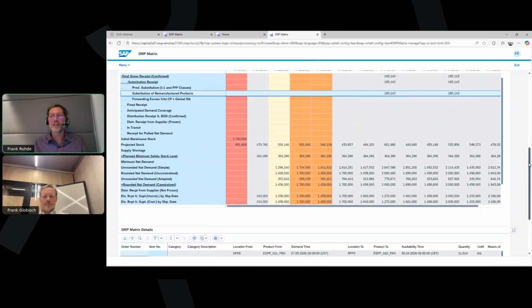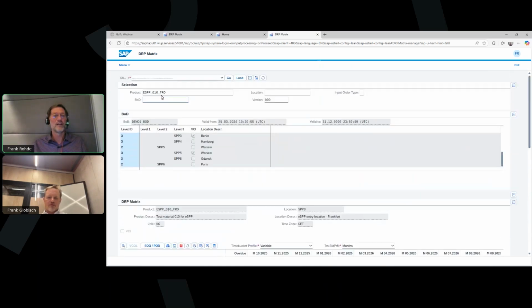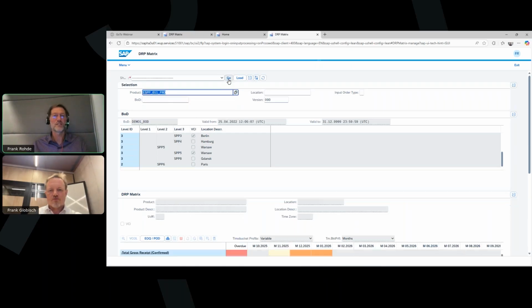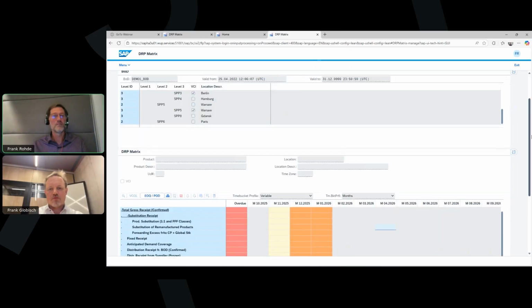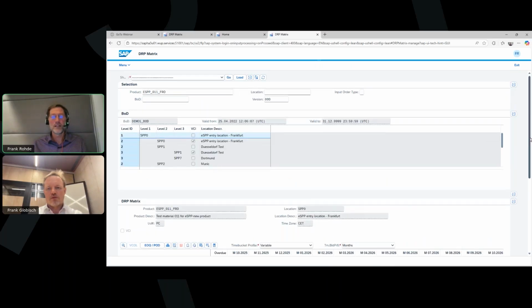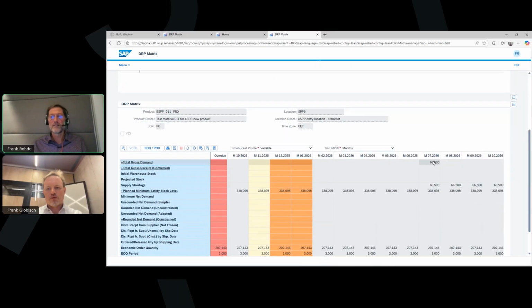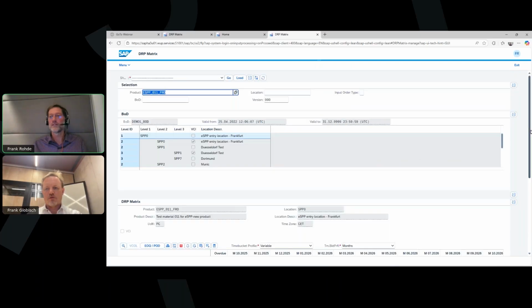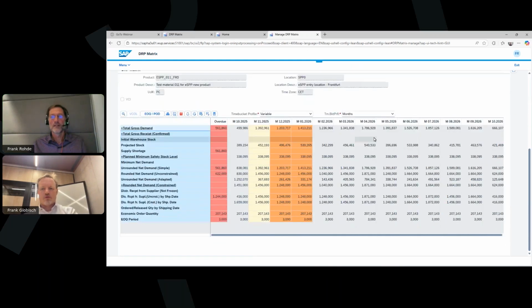And we exactly see it on the new product as well, which is its successor. So if we go to the DRP matrix of that product, we will see the indication as well. I was wondering why I'm not seeing that in April.